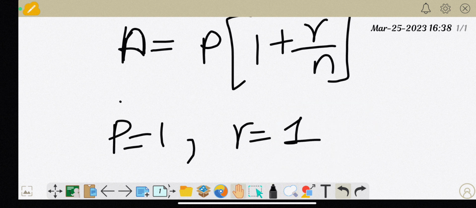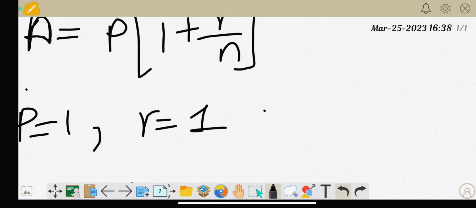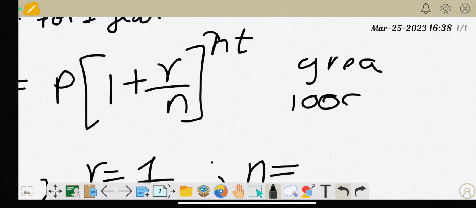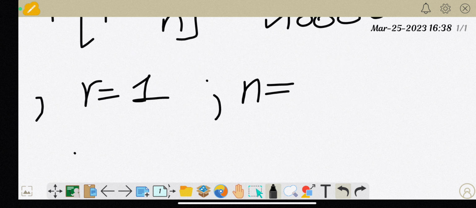Imagine I am compounding it for a very long term. The more you compound, the more interest you get, correct? Say I am a little bit greedy. I tell them to compound this money 10,000 times.